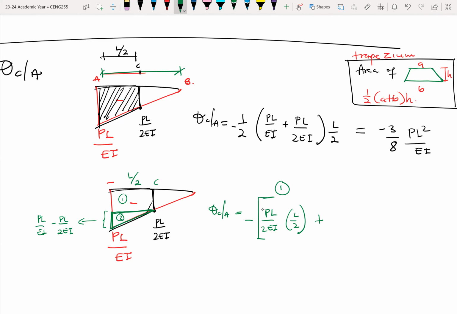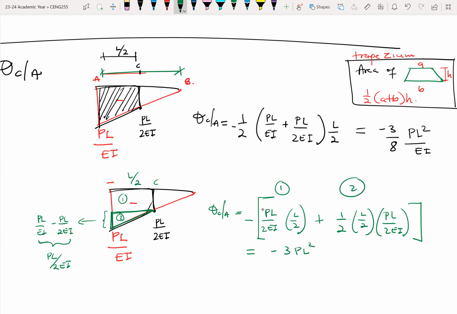So this gives us PL over 2EI. So for the triangle, it's half base, where the base is L over 2, times PL over 2EI. If you do it this way, you'll still end up with minus 3 PL squared over 8EI.